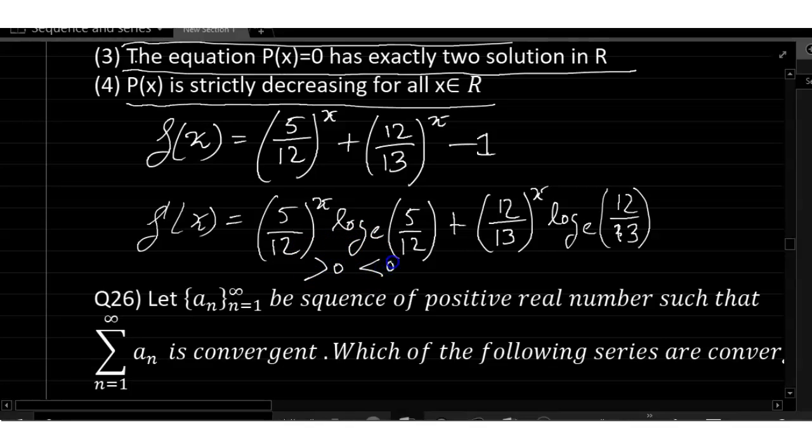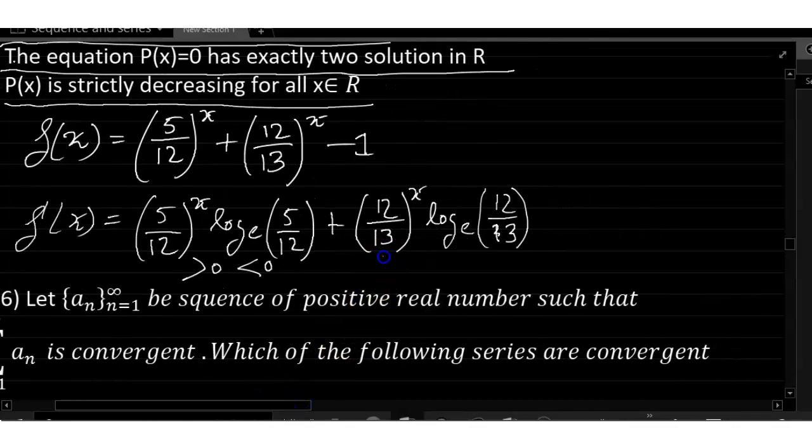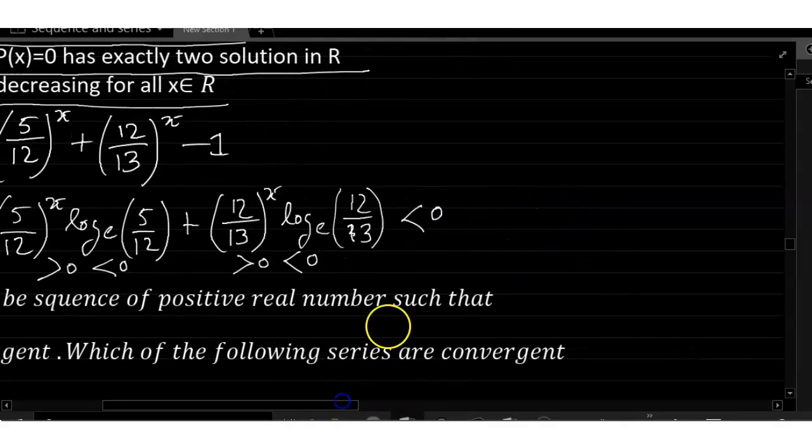Less than or equal to 0? Greater than 0? Less than 0? It is less than 0. So it is strictly decreasing.